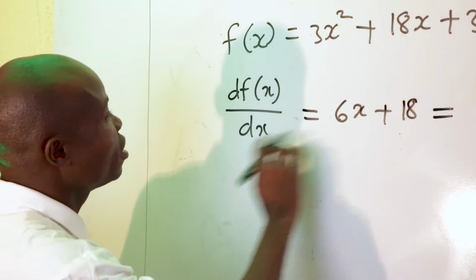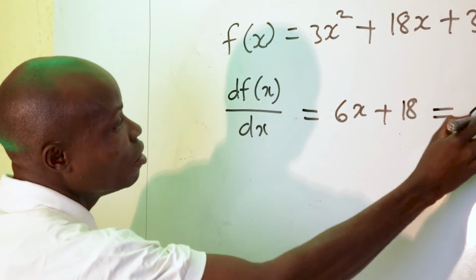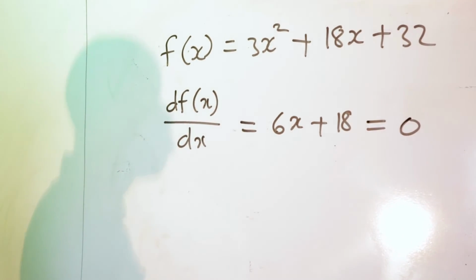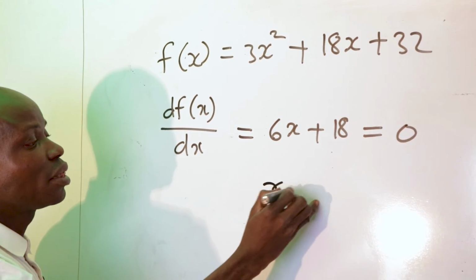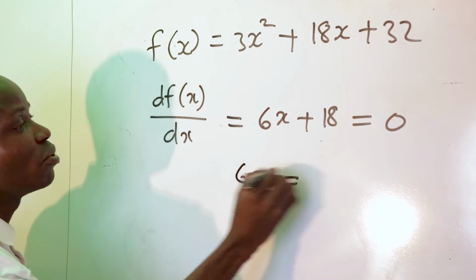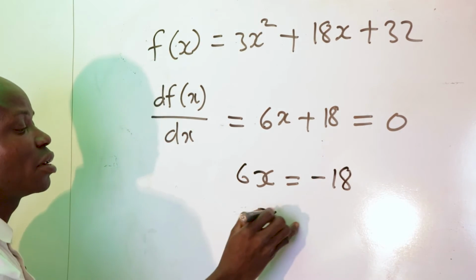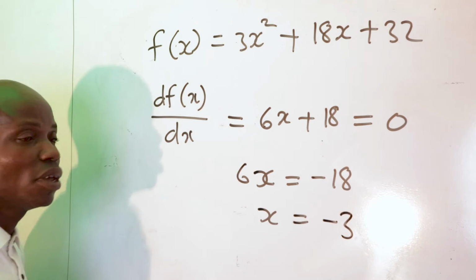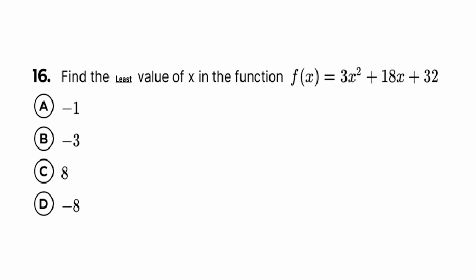And at that point, the derivative gives us 0. Simplifying that to obtain the value of x, 6x equals minus 18, and x gives us minus 3. And that makes the correct option in number 16 to be option B.